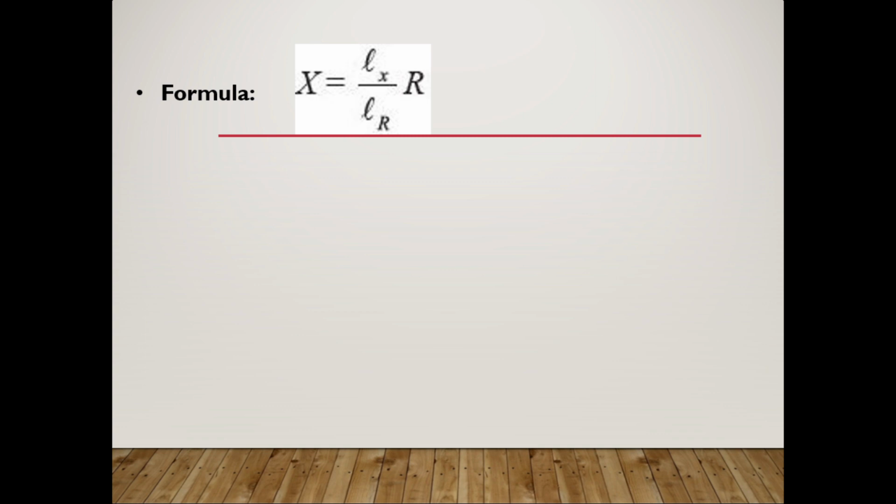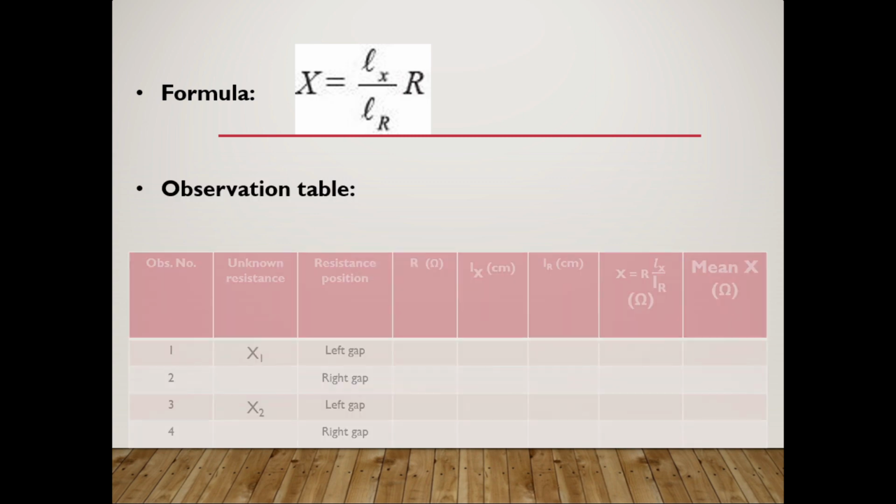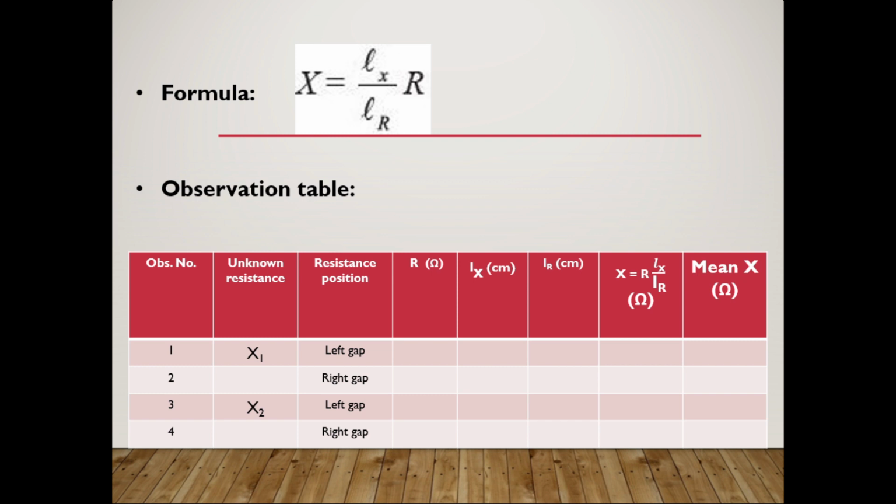Now see the observation table. The first column is the observation number, the second column is the unknown resistance. Here we have to find out two unknown resistances X1 and X2. The third column is the resistance position, that is, in which gap we connect the unknown resistance. Is it the left gap or the right gap? The next column is capital R, which is a suitable resistance taken from the resistance box.